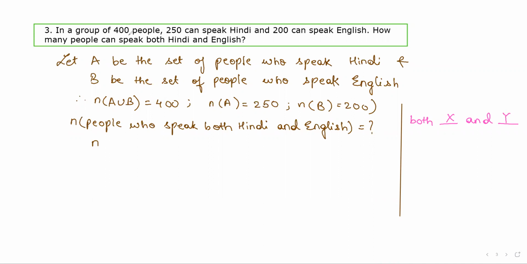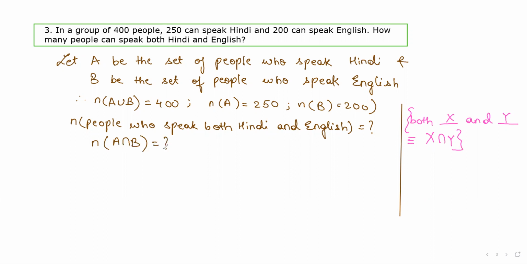Hindi speaking people are considered as A, English speaking as B. Both this and this is mentioned. That means the element should be present in both the sets, which means it is equivalent to X intersection Y. So you have to calculate n(A intersection B).